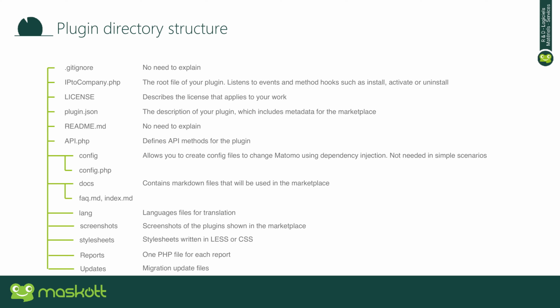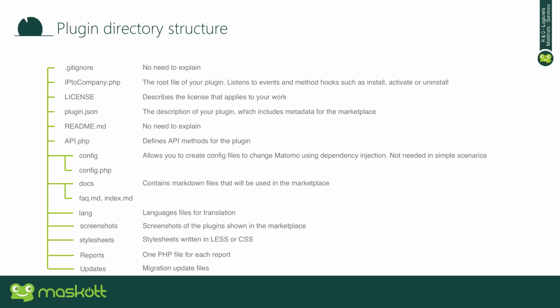API.php is almost at the core of your plugin because it defines API methods for your plugin that will be reachable by other plugins if needed, but more than that, that will be reachable by the components of your plugin, like the reports. And it is absolutely critical to have this file at the root of the project because it will contain an important part of the logic of your plugin.